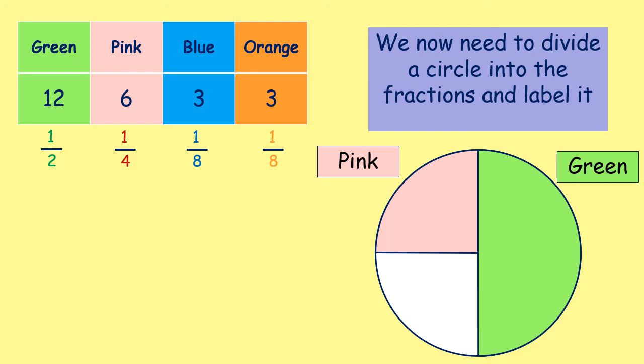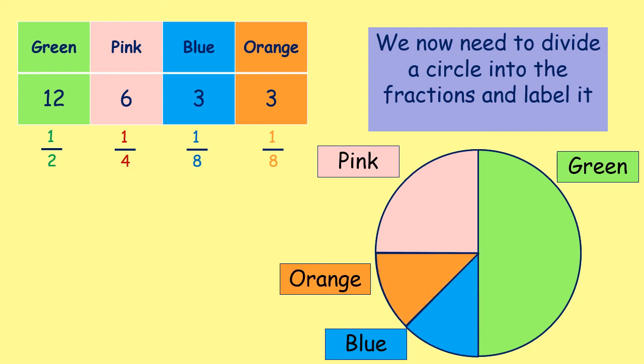And then finally, we've got blue and orange, and they are 1/8 each. And we show 1/8 blue, 1/8 orange. And that's us completed our pie chart. When there's no longer any space left in the pie chart that we don't have labeled, that means we've completed it.